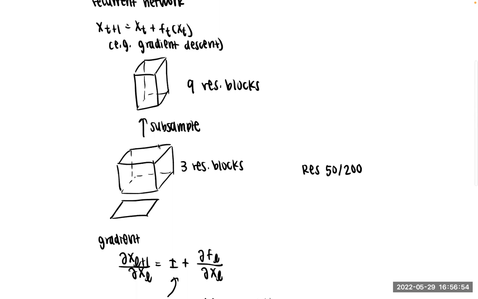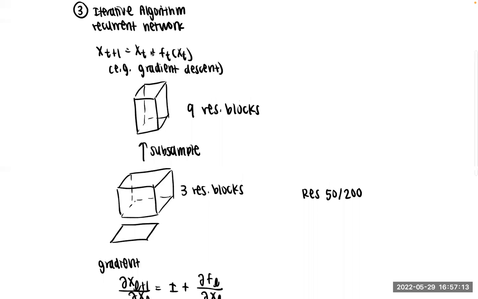You may have 3 residual blocks, which means those vectors undergo 3 steps of updating, and then you subsample, and then you go to the next residual block. You do, for example, 9 steps of updating. Okay, and then going to the next block. So then there's the issue of how many residual layers, right?